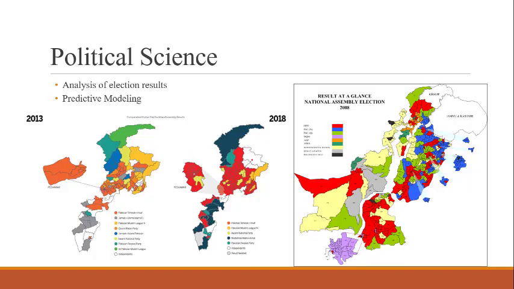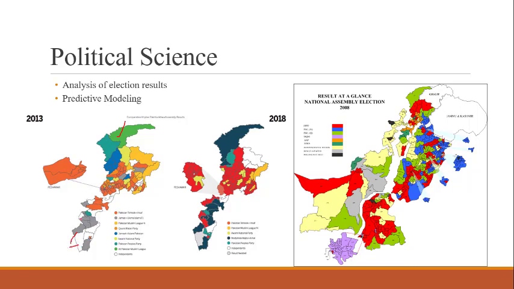Now we want to see how GIS can be used for political science, like analysis of election results or predictive modeling. This is the 2013 map of KP, Pukhtunkhwa, and this one is the 2018 map. Here we can see different areas, like this is Chitral and this is North and South Waziristan.